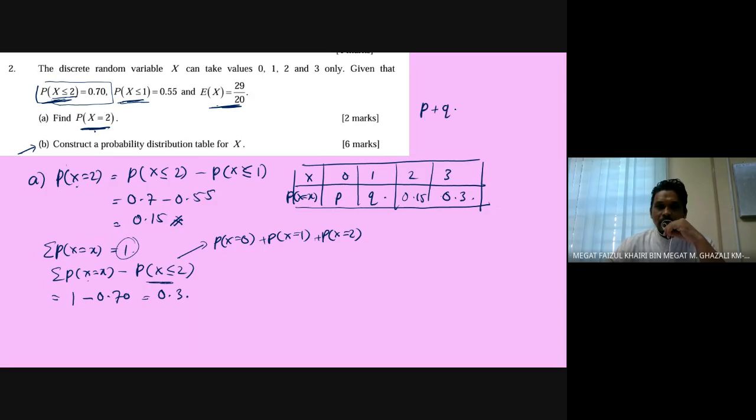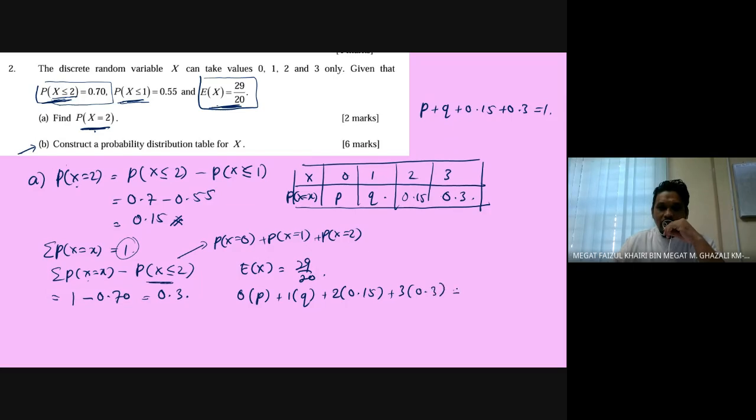P plus Q plus 0.15 plus 0.3 equals 1. Next, it is given that the expected value of x equals 29 over 20, which is 0 times P plus 1 times Q plus 2 times 0.15 plus 3 times 0.3 equals 29 over 20.